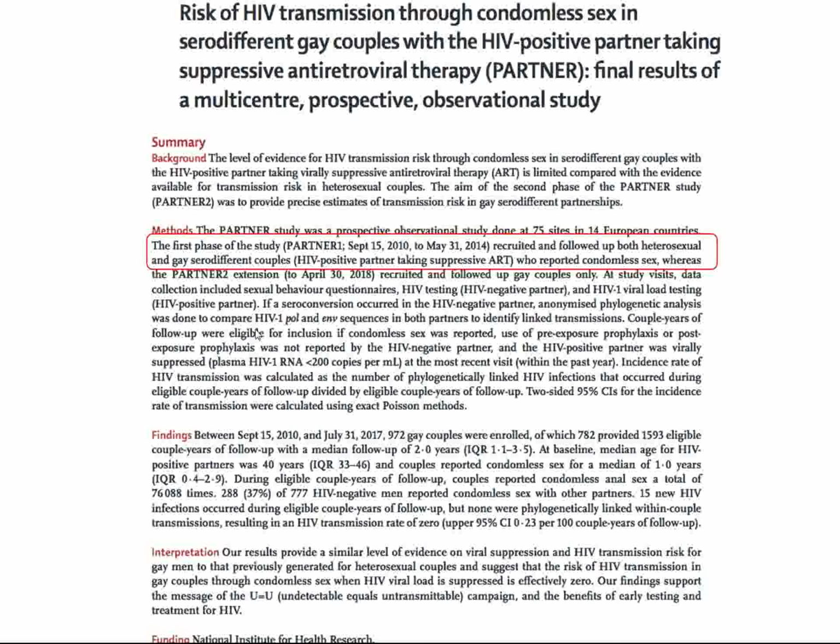The next topic in the Lancet involves the transfer of HIV virus in couples where one individual is HIV positive and the other is HIV negative. And the question here is: is antiretroviral therapy in the HIV positive person enough to keep transfer of this infectious disease from an HIV positive person to an HIV negative person?